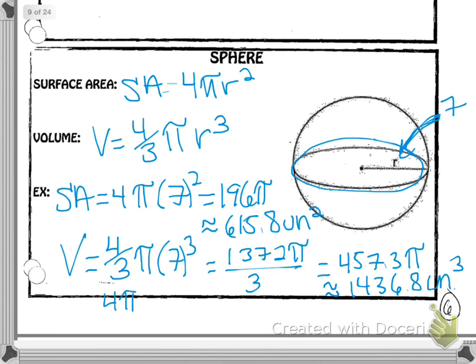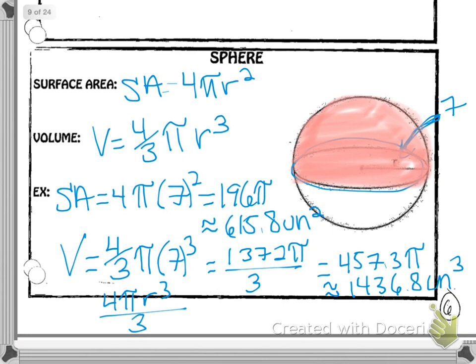The only tricky part here is dealing with that fraction, but you can leave it as 4 pi r cubed divided by 3. So you can do all the computation at the top and divide by 3 last if you would rather do that. The only other piece I wanted to mention is if you ever want to find a hemisphere, maybe the cap of something, which is half a sphere.